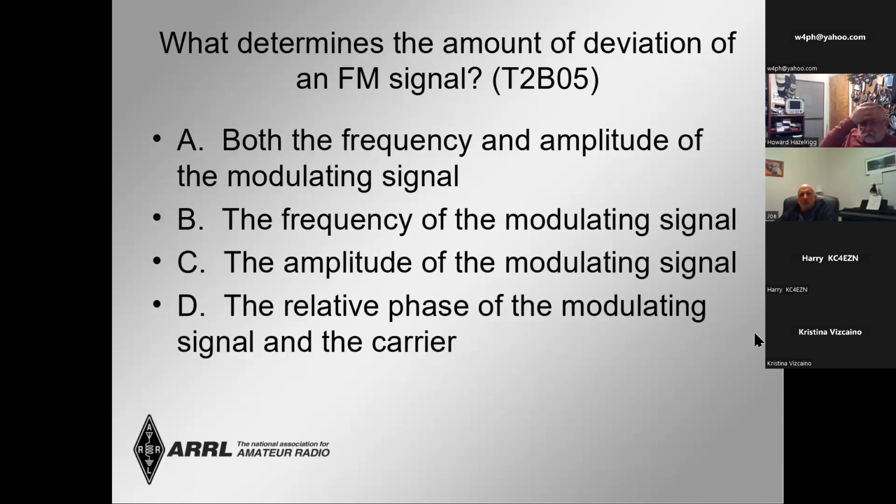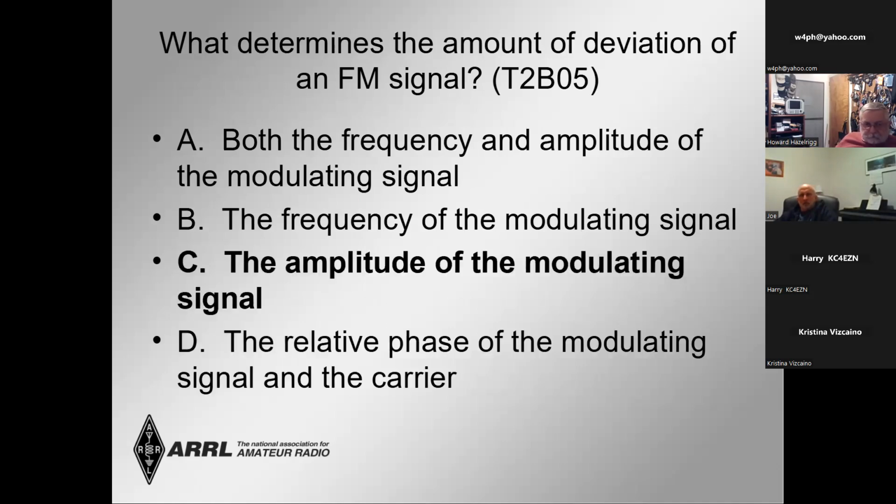What determines the amount of deviation of an FM signal? Both the frequency and amplitude of the modulating signal, the frequency of the modulating signal, the amplitude of the modulating signal, the relative phase of the modulating signal and carrier?